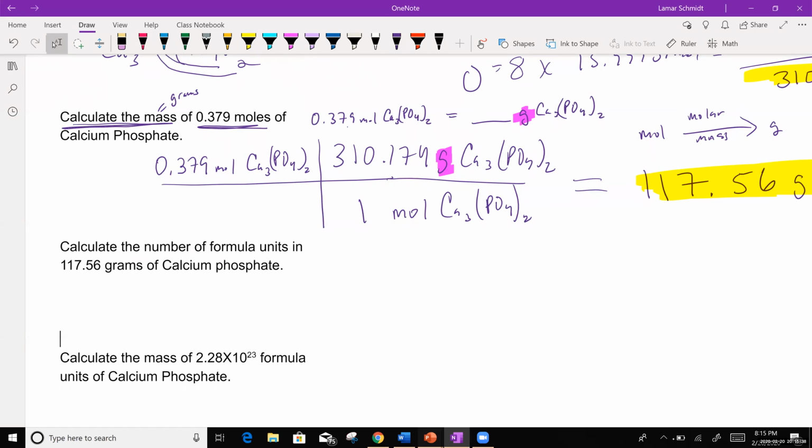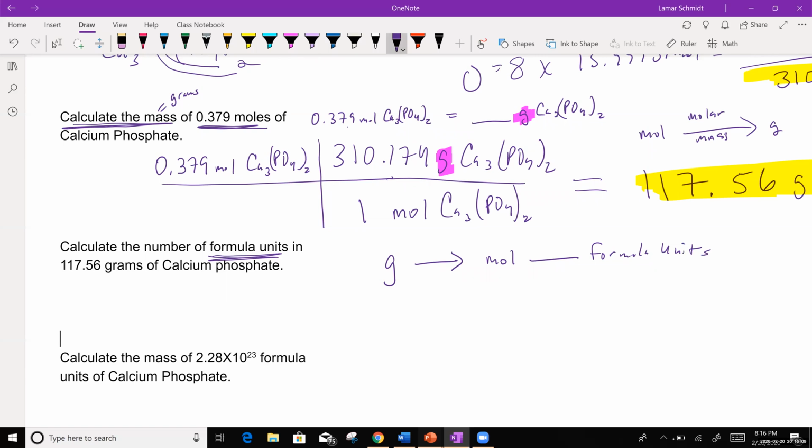Calculate the number of formula units in 117.56 grams of calcium phosphate. So when we look at formula units, that is the representative particle of an ionic compound, and calcium phosphate is an ionic compound. So if we're going to go from grams, we're going to go to moles, and then we're going to go to formula units.